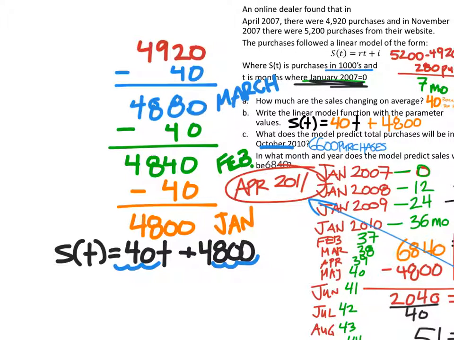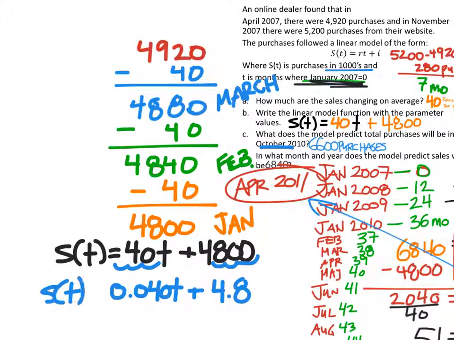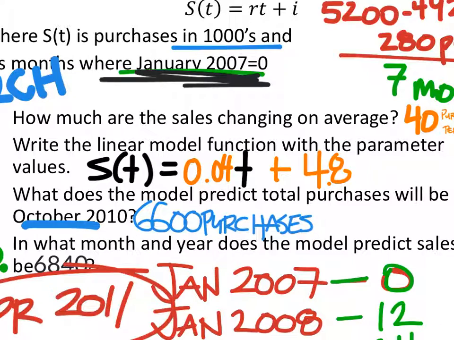So 1, 2, 3, this would make that 0.04. If you want the other 0 in there, that's fine. T plus, and this would be 4.8. So S of T equals 0.04 T plus 4.8. And there we go. I have that replaced now in Part B.